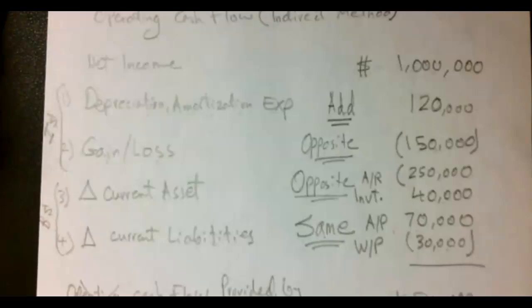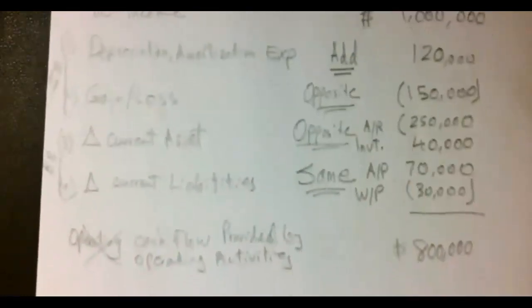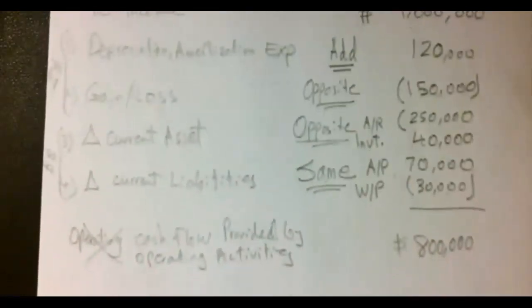So if you remember all these 4 steps: depreciation, add it back. Gain or loss, opposite. Current assets, opposite. Current liabilities, same. You do all this, you add or deduct from your net income, and you will get cash flow provided by operating activities of 800,000.